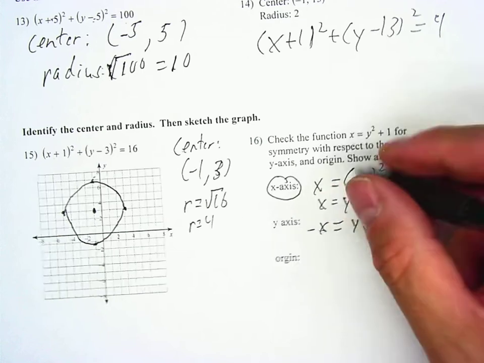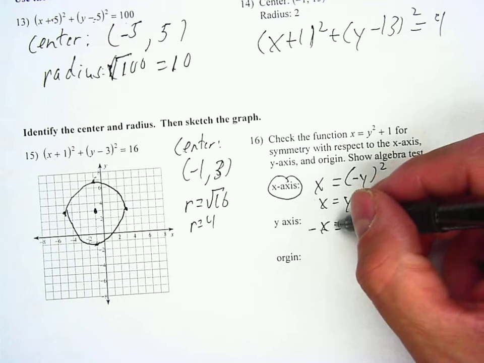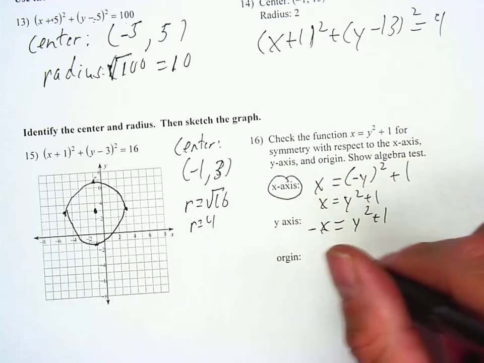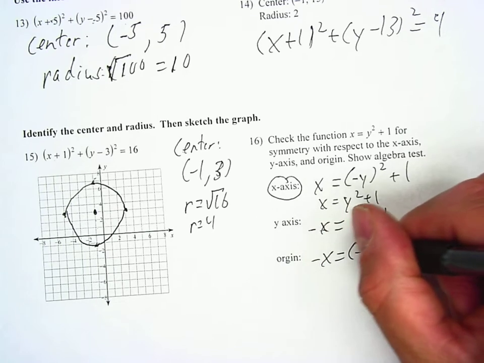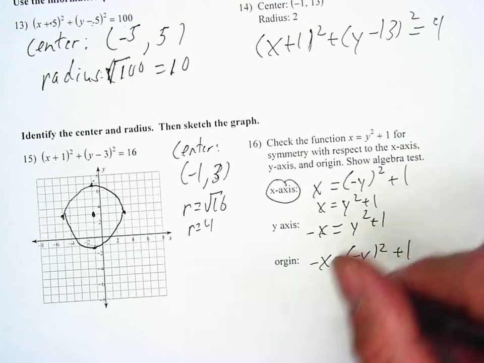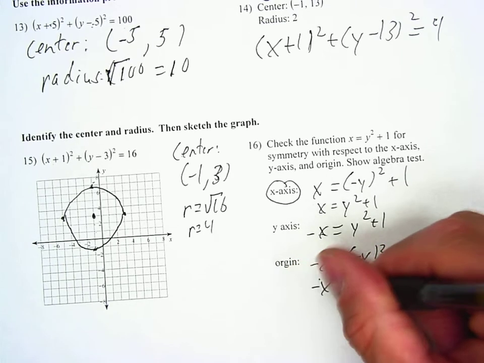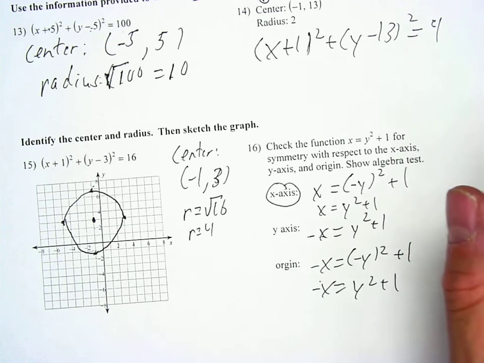Well, that's a different equation because x is now negative. The x didn't become positive. It didn't square out the negative, so that's not the same equation. And the same applies with origin symmetry here. If I put in -x and -y, the -y will square out and become a positive, but the x will stay as negative. So that does not have origin symmetry.